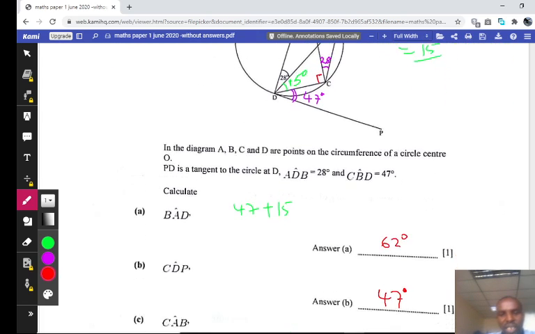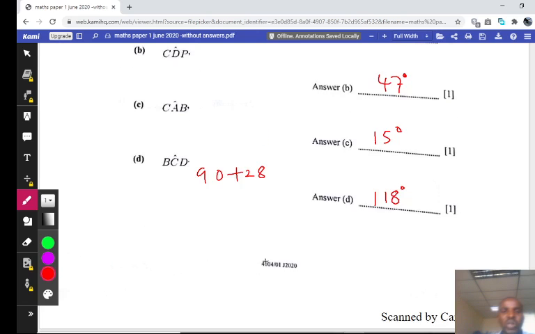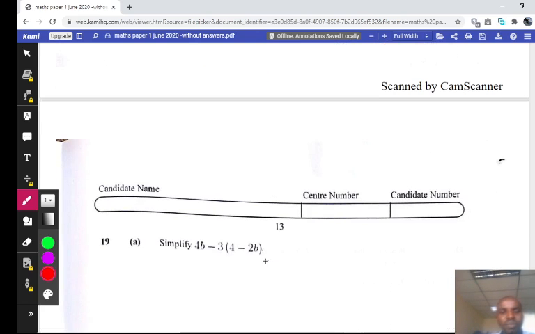What will be the answer? You can say 90 plus 28 is 118. 118 degrees. Right, we're done. So that's circle geometry for you.